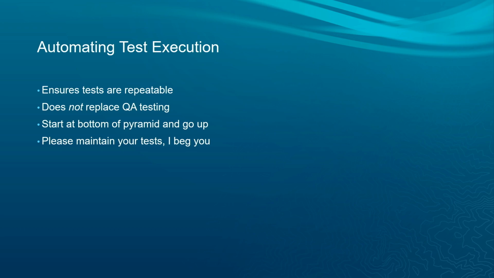Another thing to point out is that just because you automate your test execution, it's not a replacement for human-led QA testing, okay? You still need somebody in the loop to go through a test plan, preferably an end-to-end one, and do the final testing of the application.